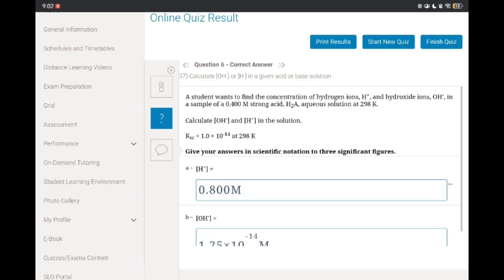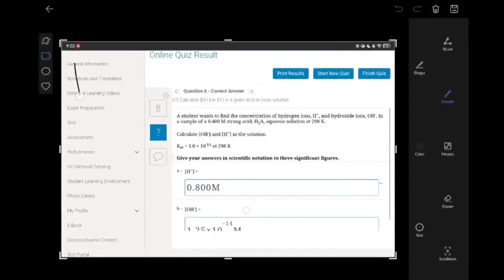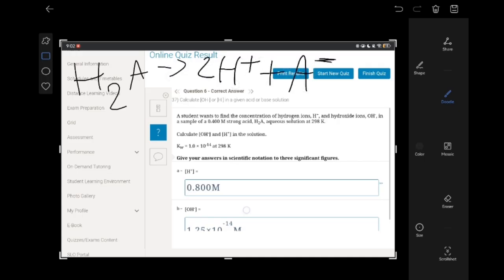A student wants to find the concentration of hydrogen ions and hydroxide ions in a sample of 0.4 molarity strong acid H2A aqueous solution at 298 K. Now look, H2A gives you 2H plus and A minus. Why 2H plus? Because there's a 2 here, you have to balance it.